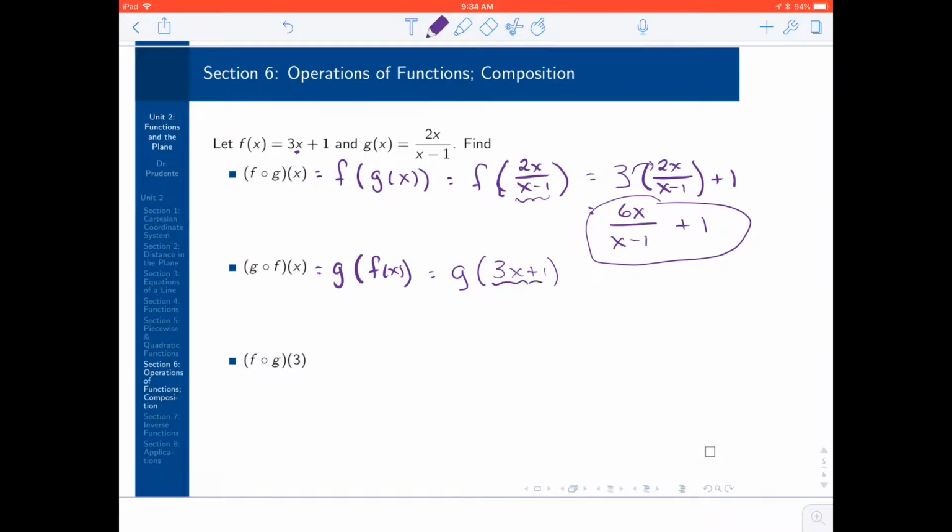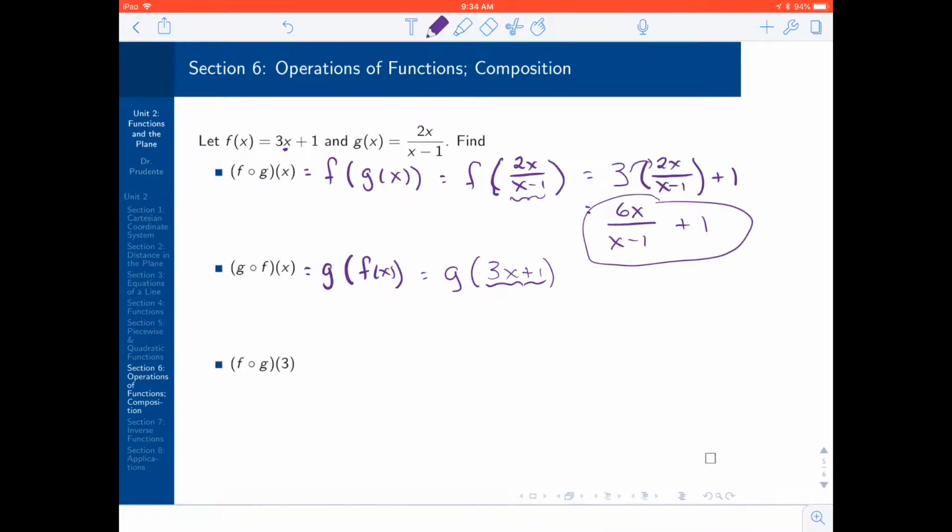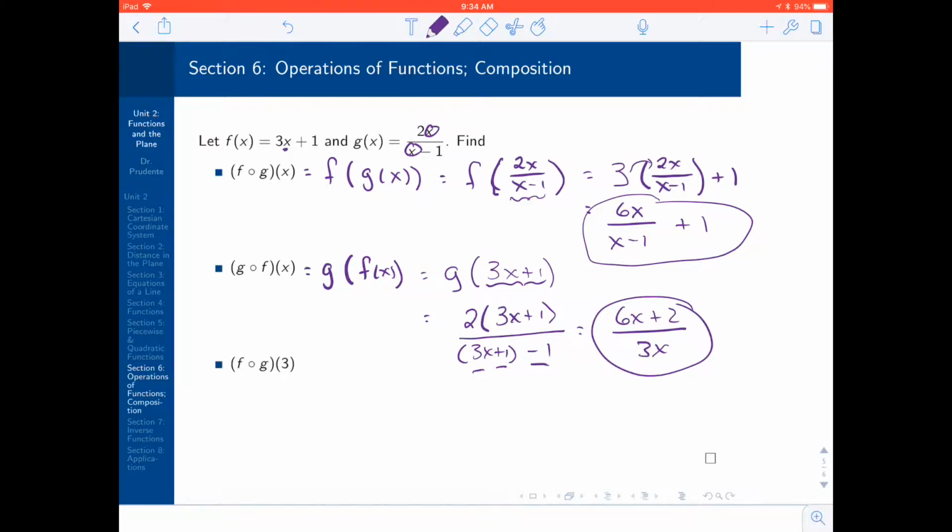So it's 2 times 3x plus 1, divided by 3x plus 1 minus 1. And then if we simplify that, we'll distribute that 2, 6x plus 2, divided by, I can drop that parentheses, 3x plus 1 minus 1, and I just get 3x. And that's my answer.